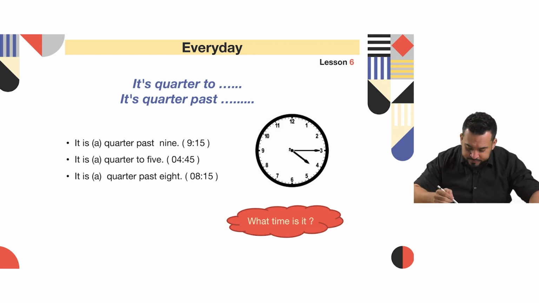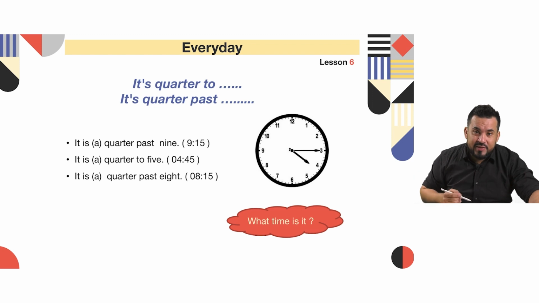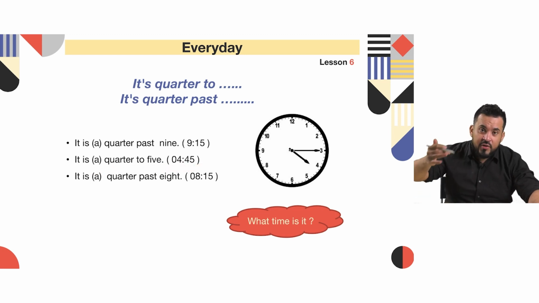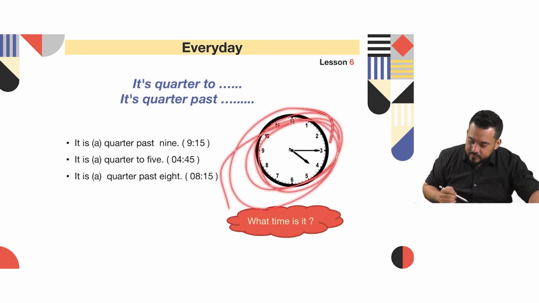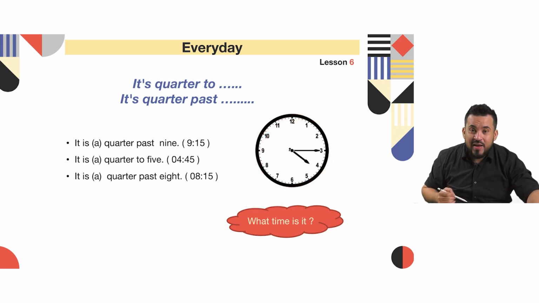So we have, it's quarter past nine, it means 9:15. If we say it's quarter to five, that means 4:45, 15 minutes before 5. It's quarter past eight, 8:15. What is this? It's quarter past four, or 4:15.